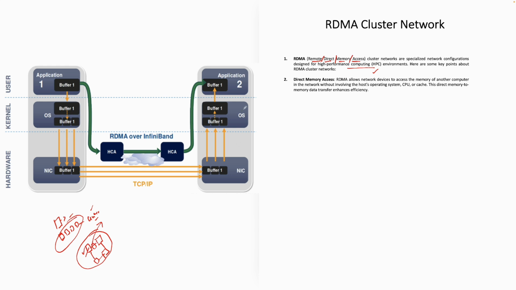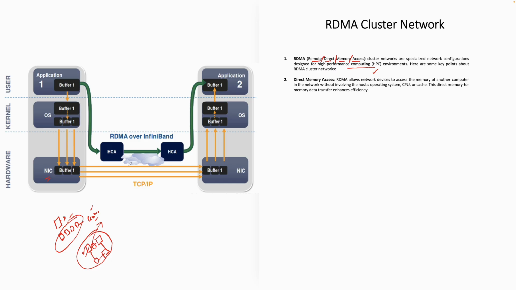Now, the best way to understand direct memory access is to understand how two computers would talk to each other in a normal fashion. Let's say we have application 1 and application 2 on two different computers. The data has to go through various layers, like the OSI model if you think about it in terms of networking. From buffer 1, it goes to the OS layer, with the help of the kernel, then to the NIC, which is your network interface card, your physical card.